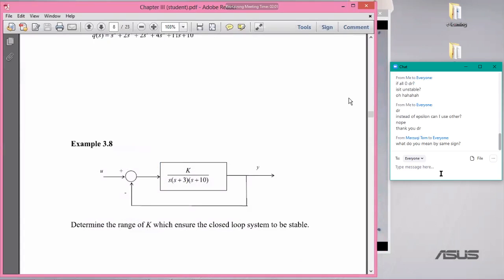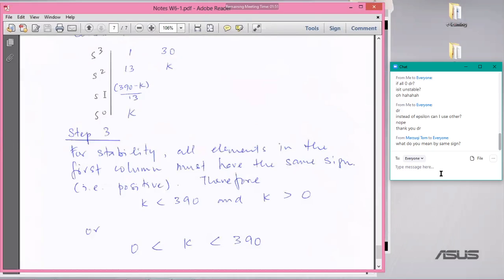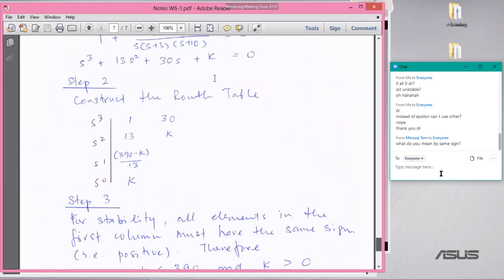What do you mean by the same sign? All positive is considered the same sign. All negative is also considered the same sign. For the characteristic equation, you can multiply everything by -1 and you get negative s to the power of 3, negative 13, negative 30, negative k equals 0.